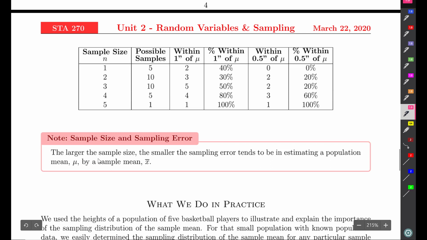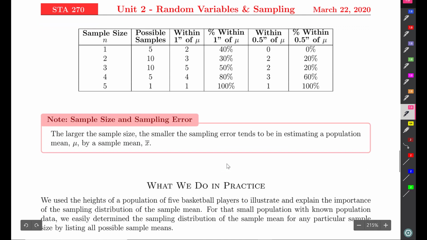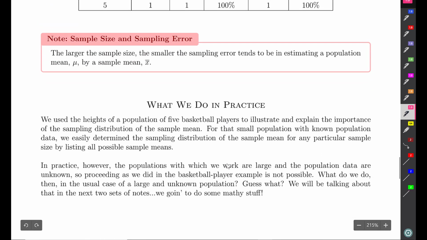The larger the sample size, the smaller the sampling error tends to be in estimating the population mean. It just makes sense. We used a very small population to illustrate what we're talking about with sampling errors, sampling means, and sampling distributions. But when we're doing this in practice, that's not very practical.